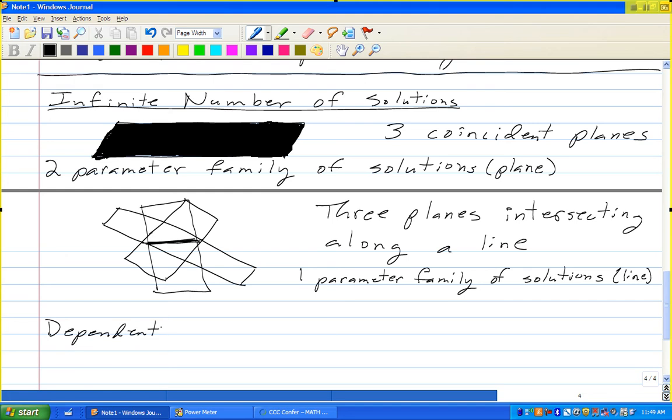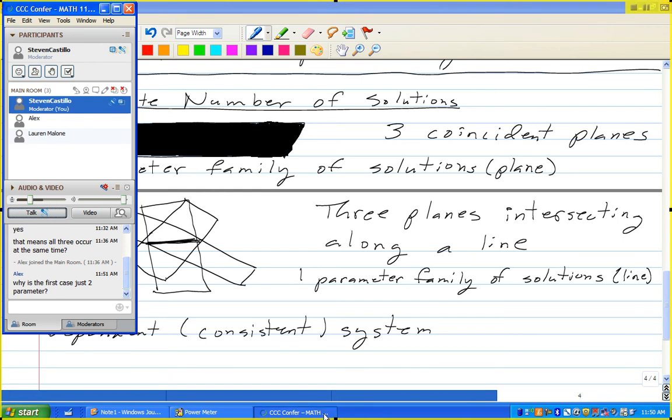And of course, it's also consistent. We will have to determine the equations for the solution for each of these cases. So we'll have to find the equation of the plane in this case here, the equation of the line in this case.